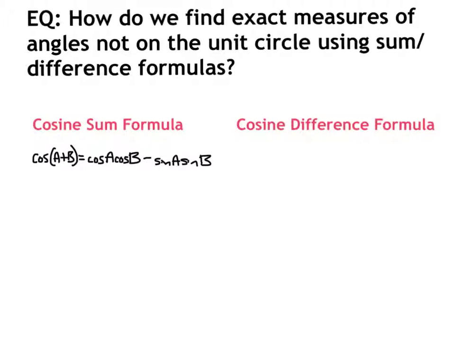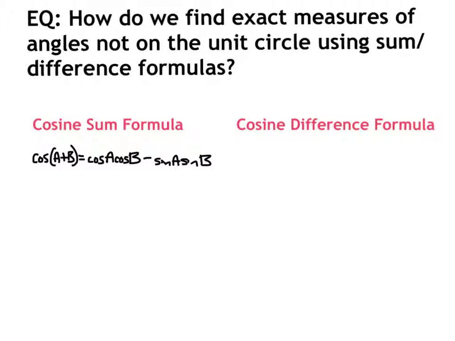So some big things to help us remember the cosine formulas is that the cosines stick together and the sines stick together. And for the sum, whenever we have A plus B, we actually take a difference. The difference formula is just like the sum formula.